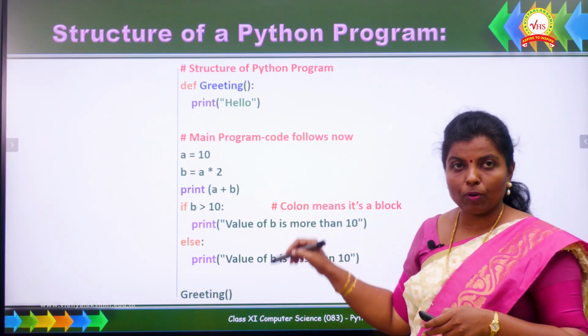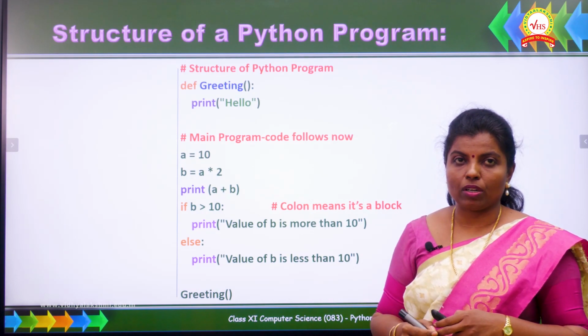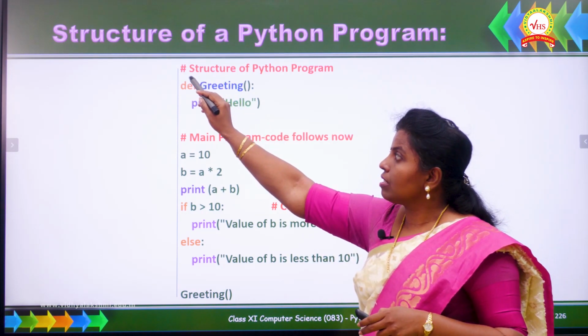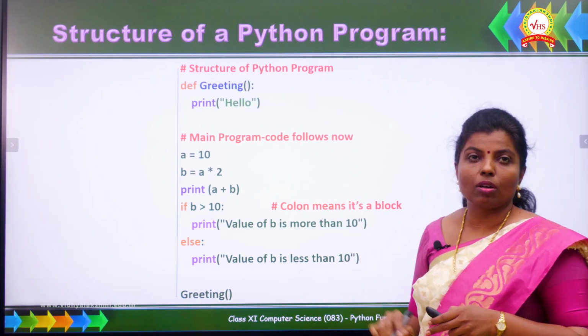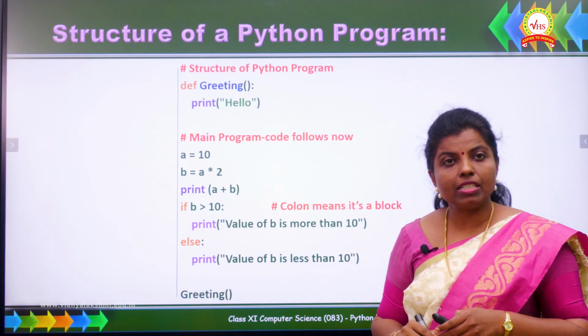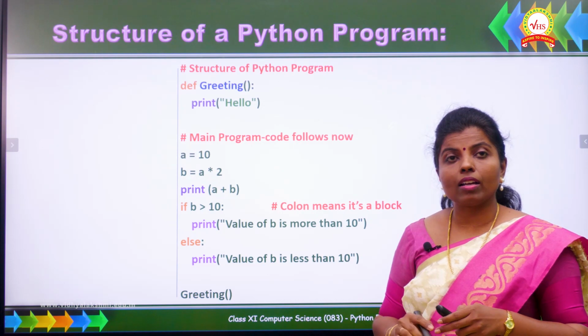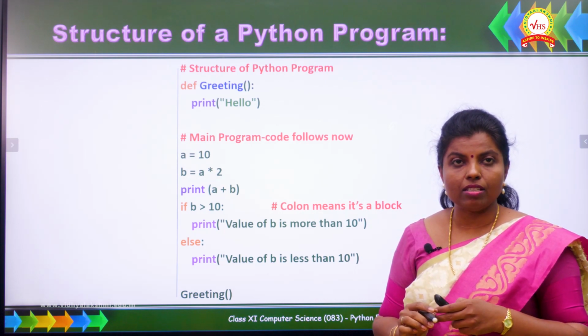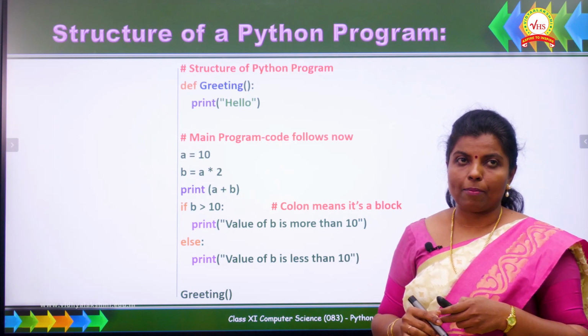Let us trace this program one by one and understand the structure of a Python code. Here the first line begins with the hash symbol followed by "structure of a Python program". If a statement begins with a hash symbol, it is referred to as a comment statement. The comments are not programming instructions, but additional readable information given to the programmers.